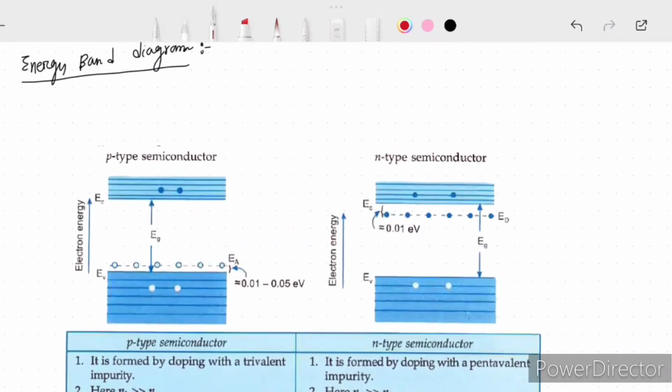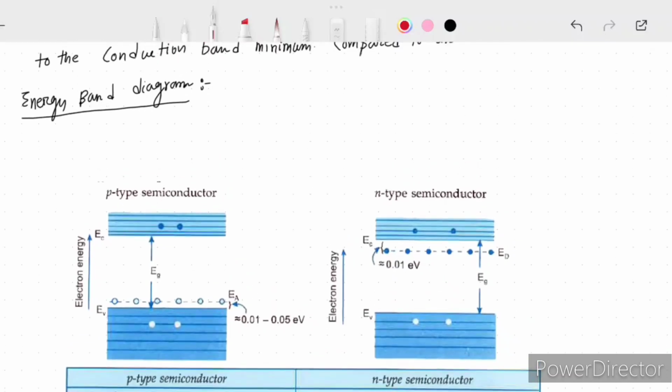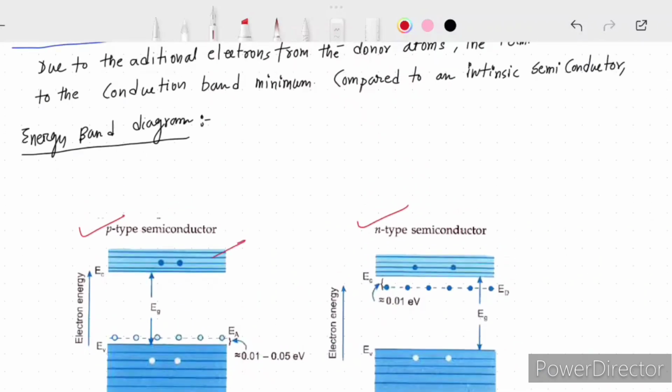So here is the schematic energy band diagram. This is for the p-type semiconductor and this is for the n-type semiconductor. This is the conduction band, this is the valence band.